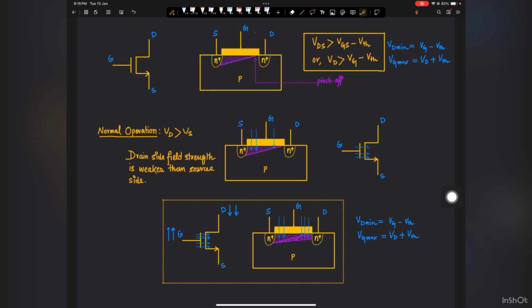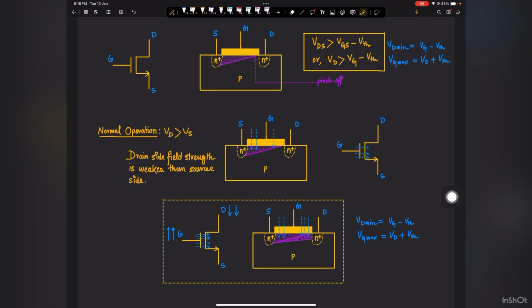It basically means the field strength over here is smaller compared to the field strength over here. Now you are increasing the gate potential. It means you are again increasing the field strength in this region as well, along with this region. And what will happen? Beyond a certain gate voltage, you will again accumulate the charges in this region, and there will not be any pinch-off, and you will go into the triode region.